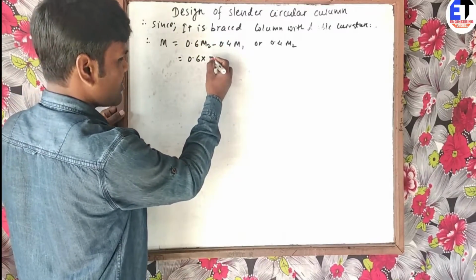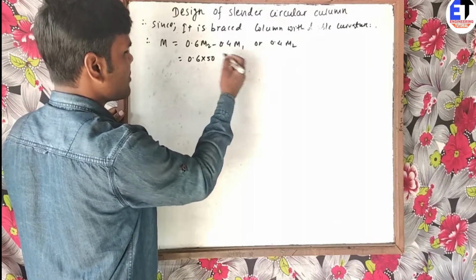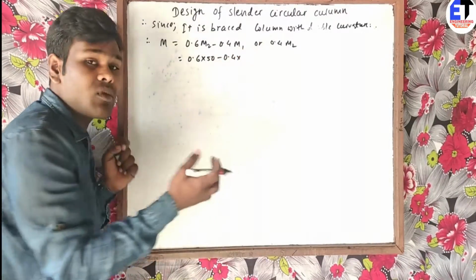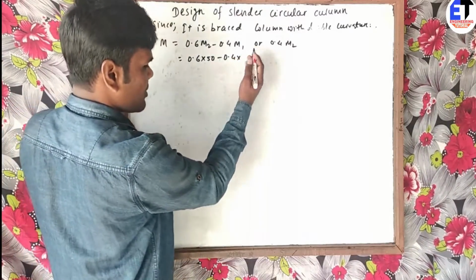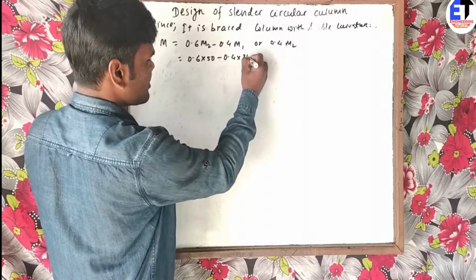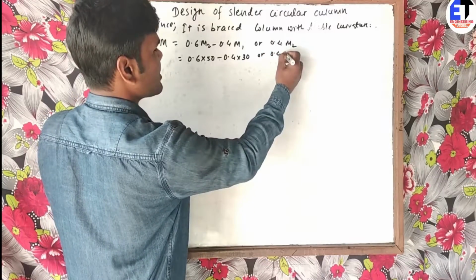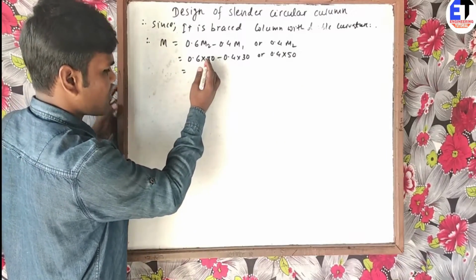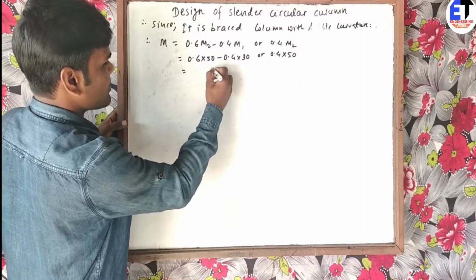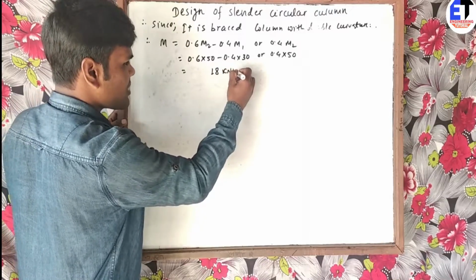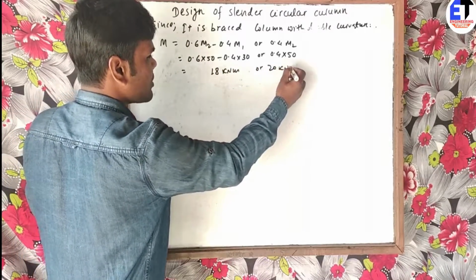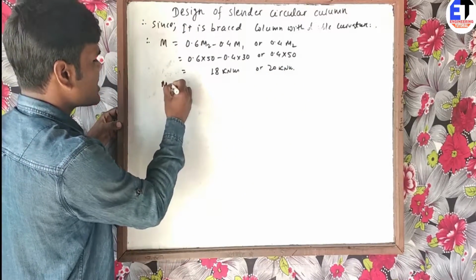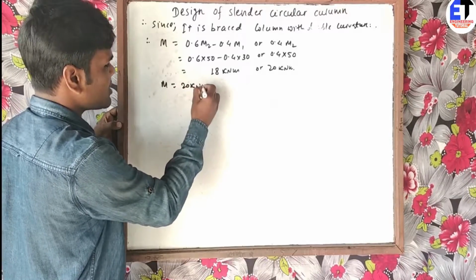M2 is given in the question, 50 kN meter, and 0.4. And what is the moment for the bottom level? M1 is also given in the question, 30. M2 is 50, the top level moment. After calculating this value, we get 80 kN meter or 20 kN meter. Which is the greater? 20 is the greater. So let's adopt 20 kN meter for the initial moment.